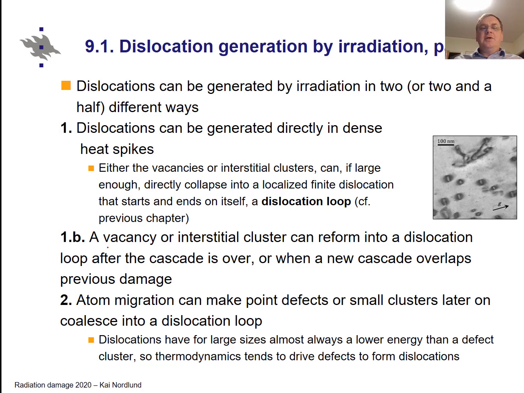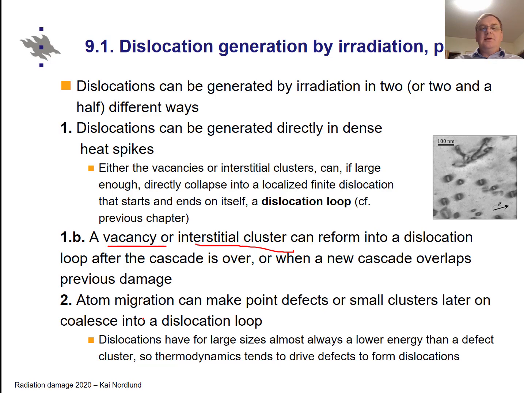The variety of this is that quite often a heat spike generates a fairly complex vacancy or interstitial cluster, but then when you give it time in thermodynamic equilibrium, these vacancies or interstitials quite often reform into a dislocation. Also, when a new cascade overlaps previous damage, you can form dislocations.